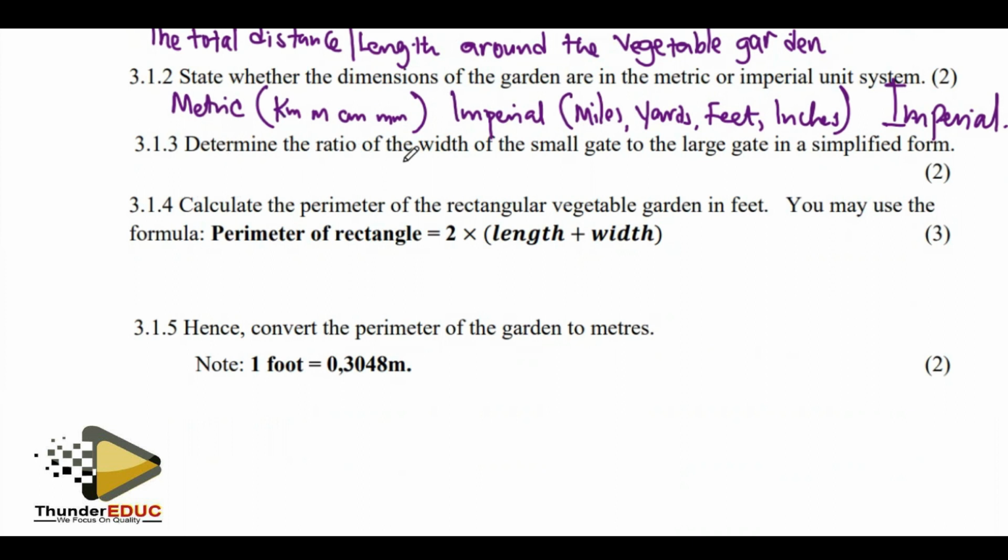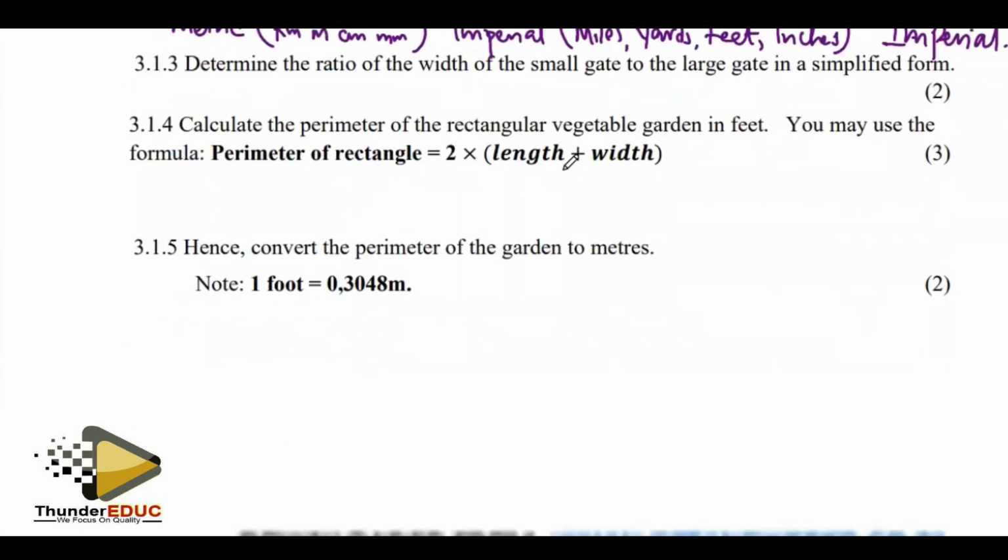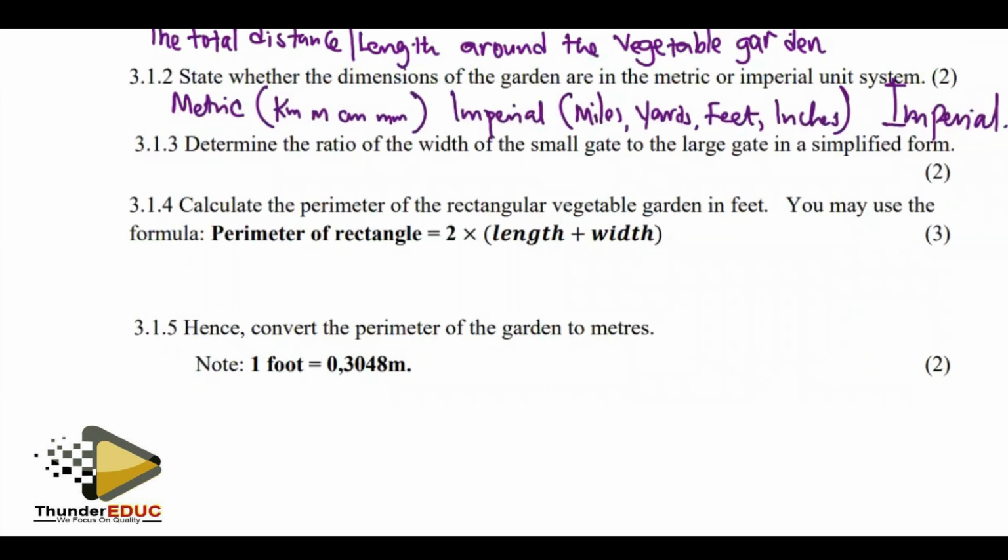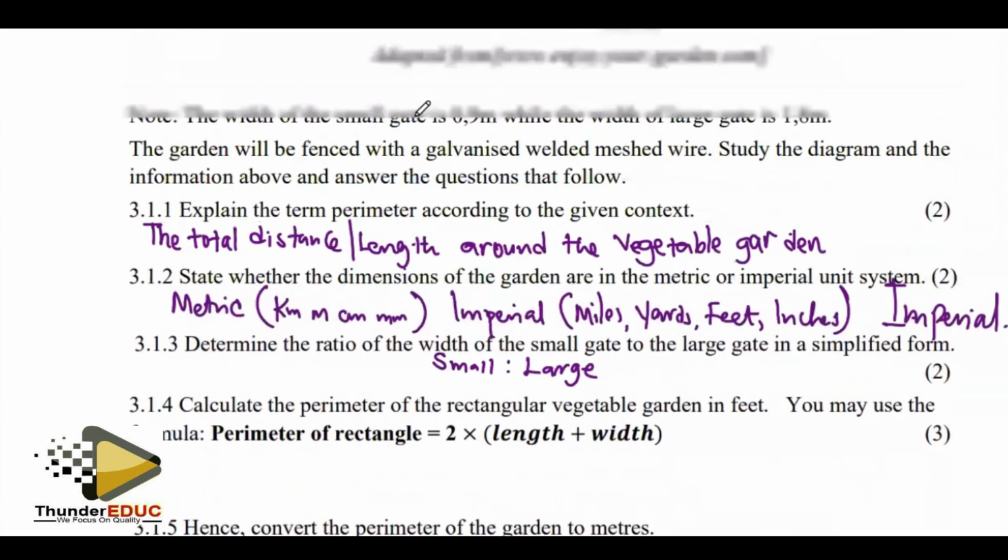Determine the ratio of the width of the smaller gate to the large gate. Remember, they gave us those measurements. So smaller gate, what's the width? We come back to the scenario here.